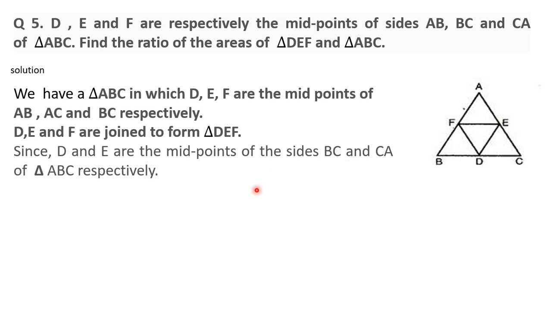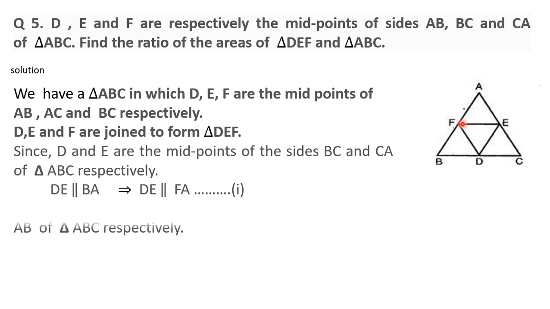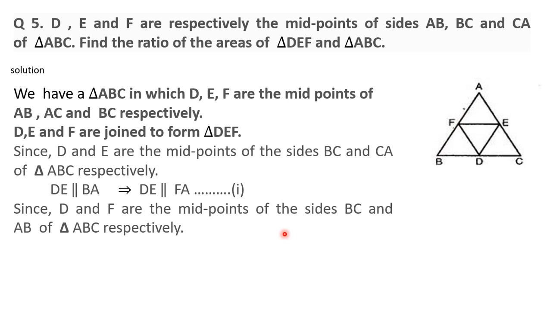Since D and E are the midpoints of BC and CA, the line DE is parallel to AB, or we can write FA also. Similarly, since D and F are midpoints, for this side we can talk about DF.